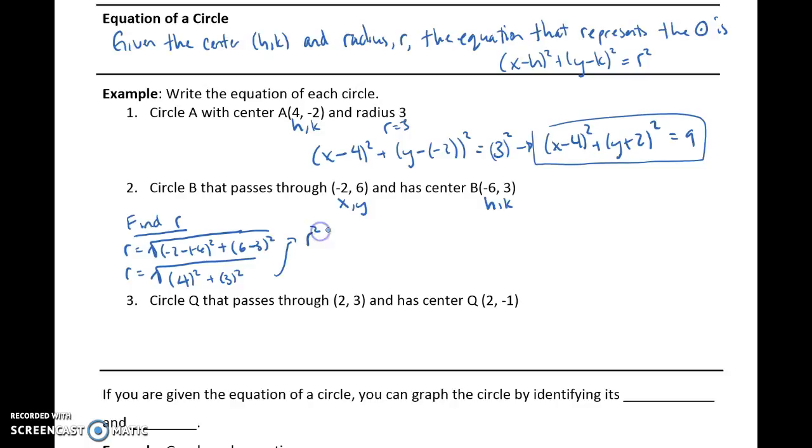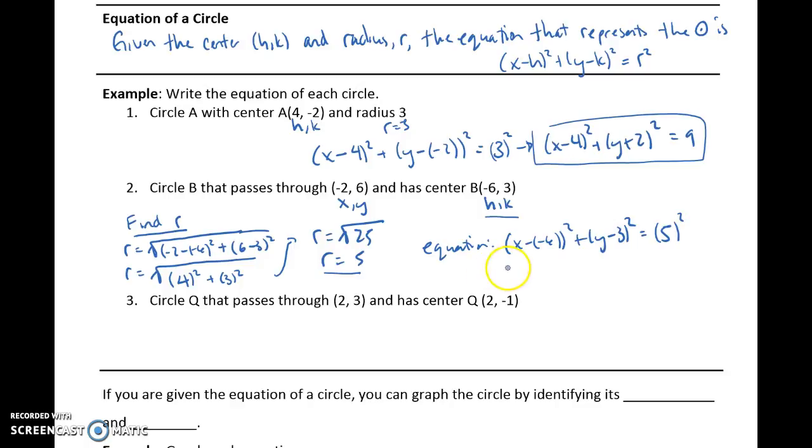So radius equals the square root of 25, which is 5. So now I have r, now I have h, k, so the equation is x minus negative 6 squared plus y minus 3 squared equals 5 to the second power.